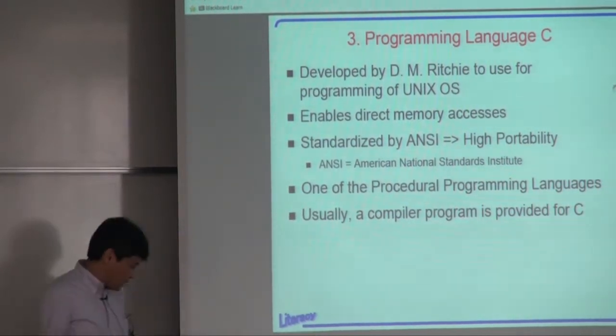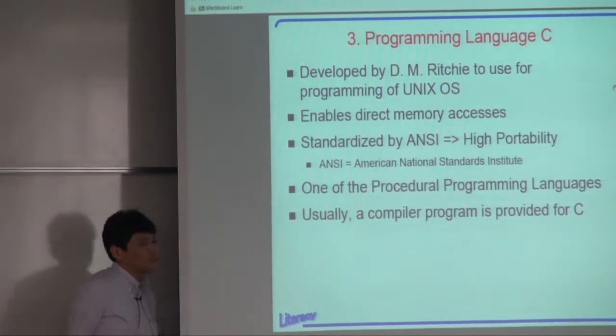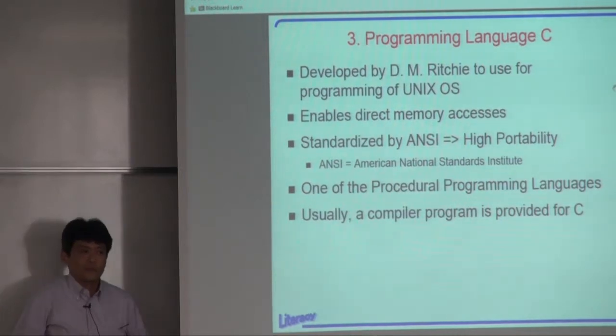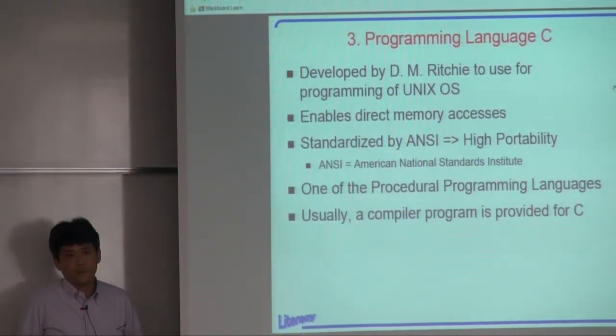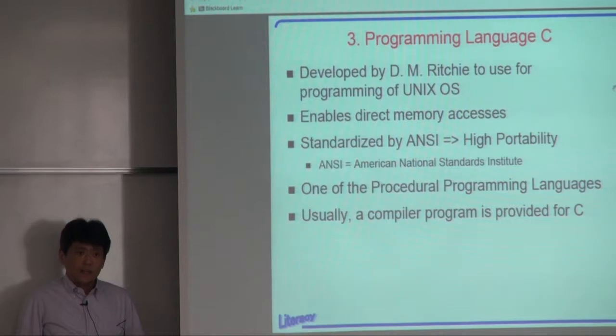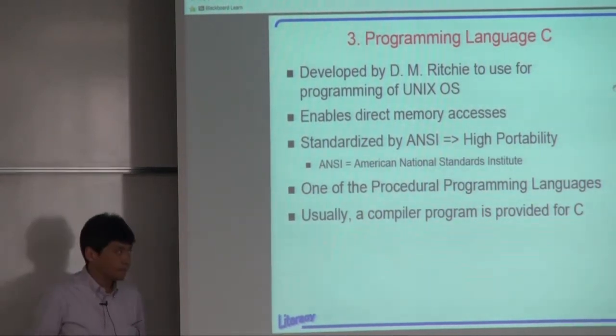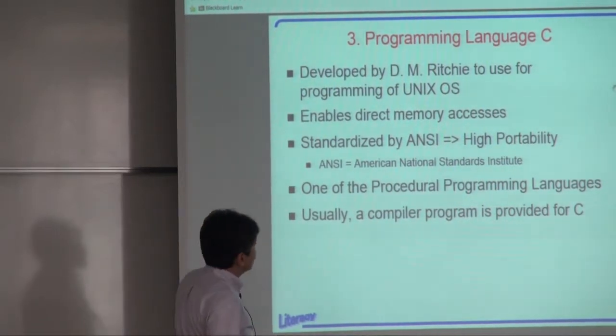Also, C is standardized by ANSI. As shown here, the C programming language has high compatibility. Any platform provides C compiler programs. If you make a source program using the C language, you can make an executable program using a C compiler dedicated to that platform.